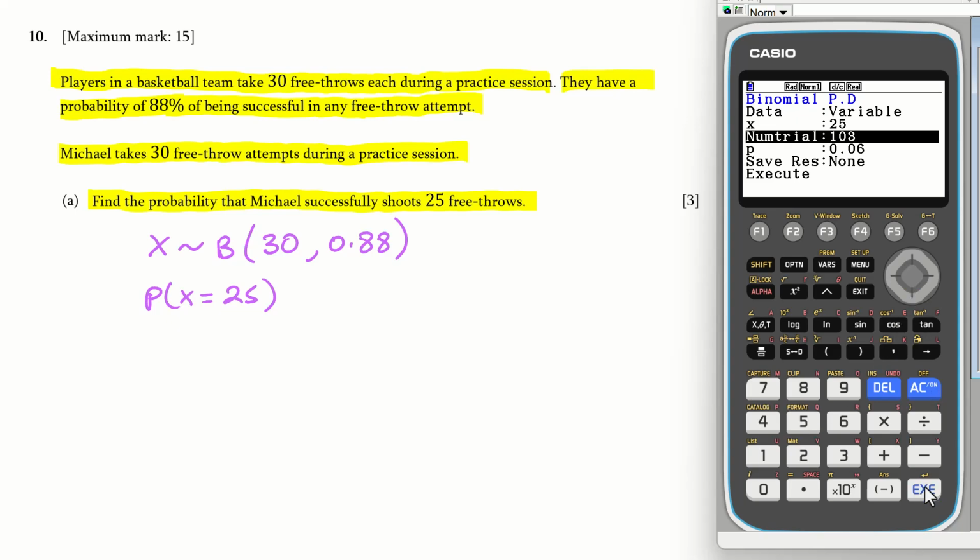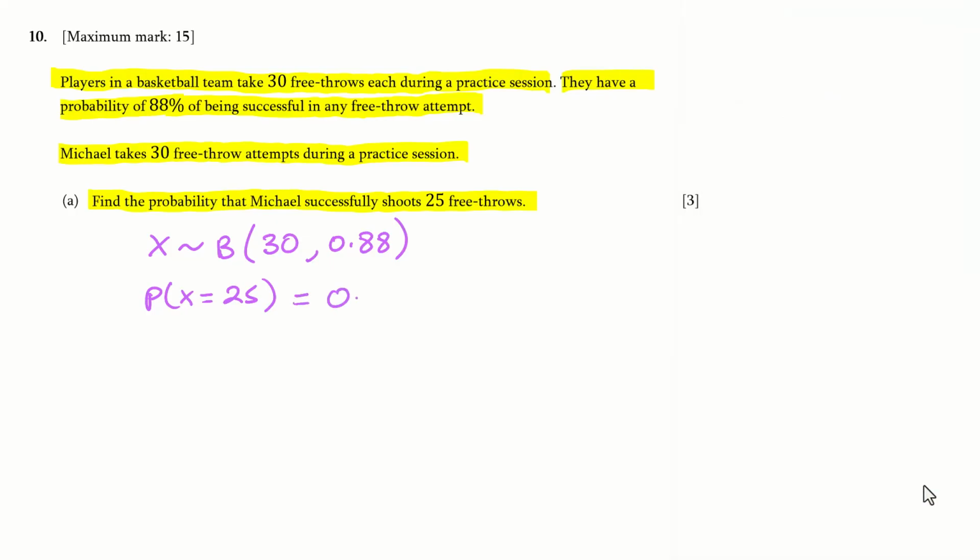Number of trials is the one that's called num_trial. And so that is going to be our 30. Probability of success is 0.88. And then we get 0.1451. Let's just give it 3 significant figures.